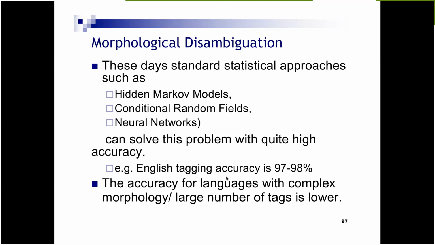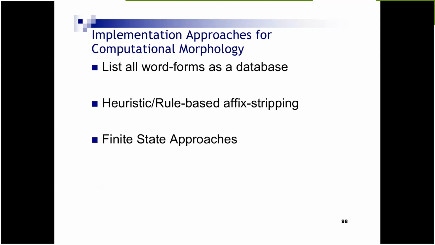For example, in English, disambiguation is very easy because English doesn't have a complex morphology, so you get accuracies like 97, 98% for English. But for other languages, it's much lower because of the complex morphology and more ambiguity in those languages.